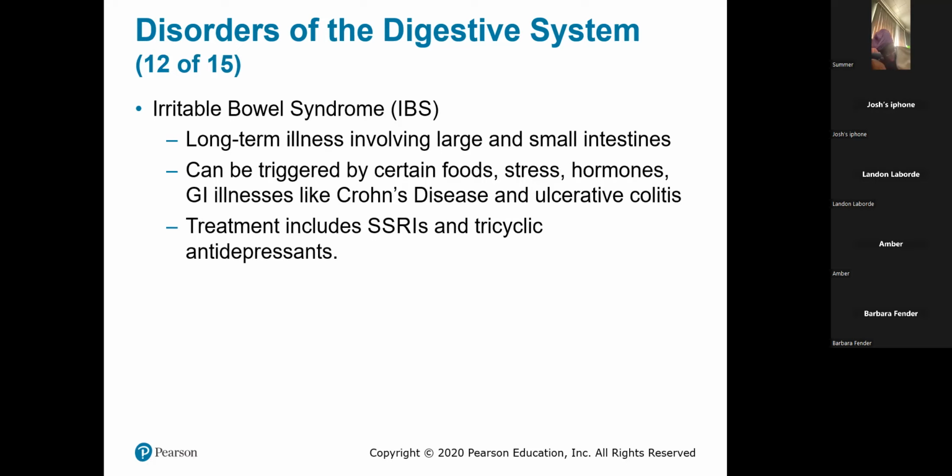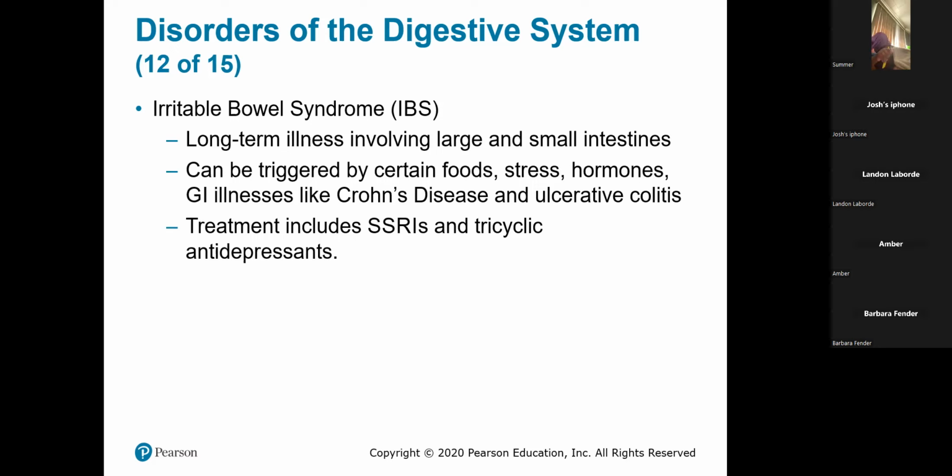which then leads us to irritable bowel syndrome. This is commonly referred to as IBS for short. This is a long-term illness involving the large and small intestines. It can be triggered by certain foods, stress, hormones, GI illnesses such as Crohn's disease and ulcerative colitis.